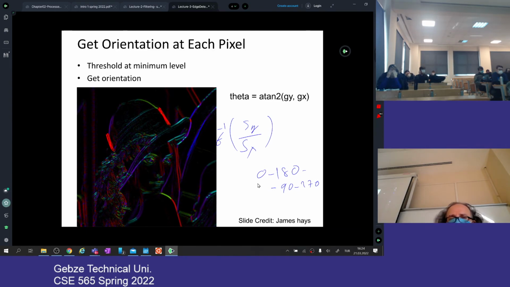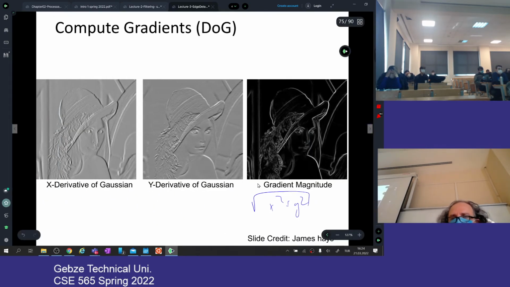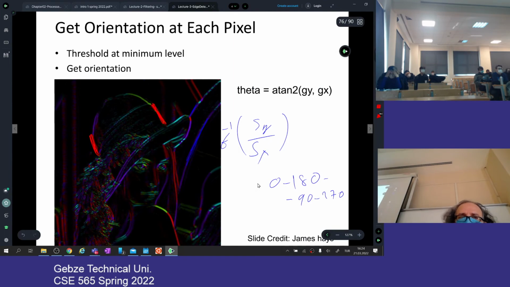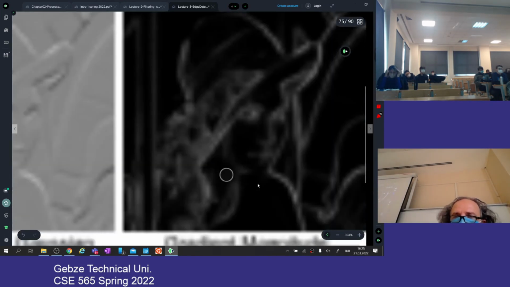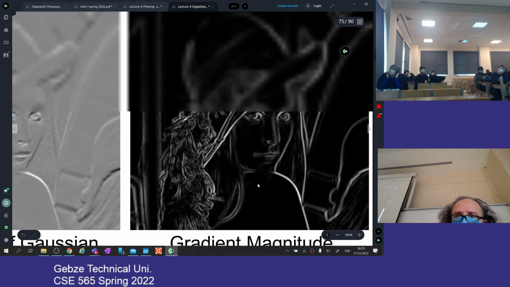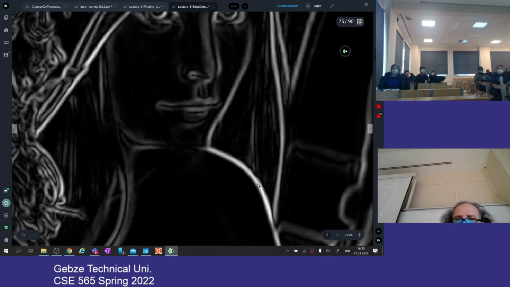That's our second image. The first image is the gradient magnitude, the second image is the direction. So for each point on this image, there is a direction indicator like that.